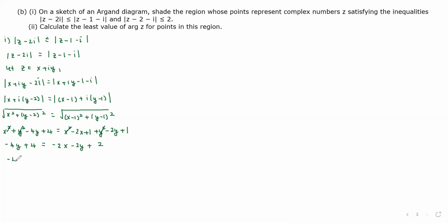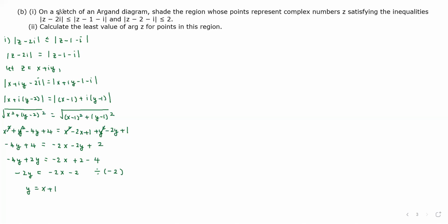Rearranging, negative 4y plus 2y equals negative 2x plus 2 minus 4. Negative 2y is negative 2x minus 2. We can divide throughout by negative 2. Y is x plus 1.